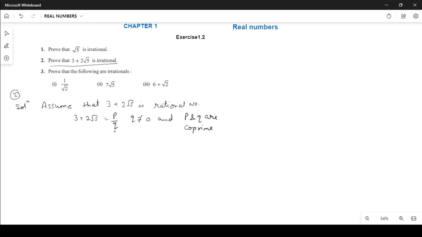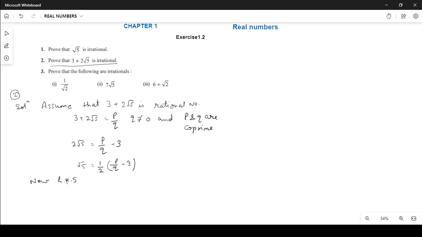Then solve this. Take 3 at the right hand side. We get 2 under root 5 is equals to p by q minus 3. Then 2 at the right hand side, it will divide in the right hand side, p by q minus 3. Now check right hand side. राइट हैंड साइड में क्या है हमारे पास? p by q हमें पता है यह एक रैशनल नंबर है.